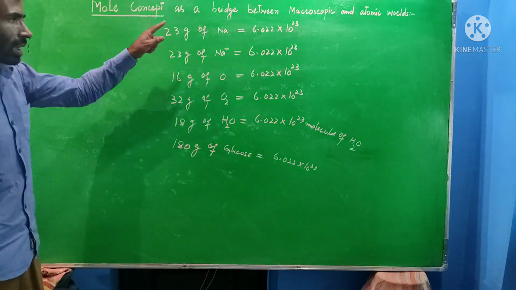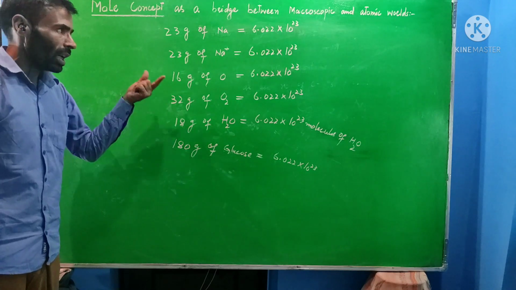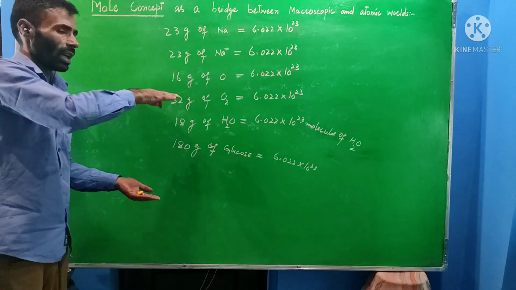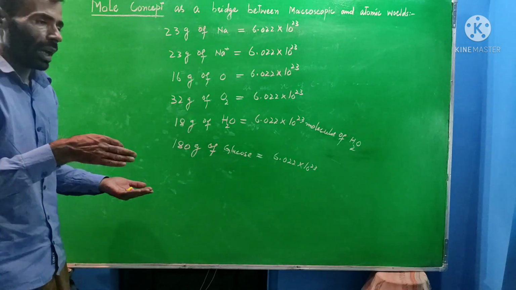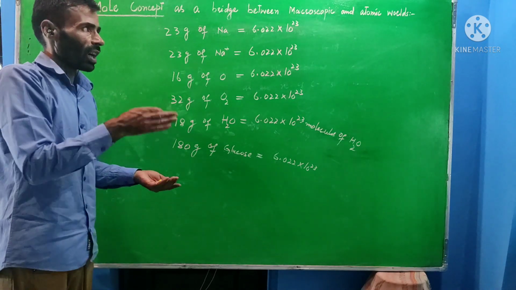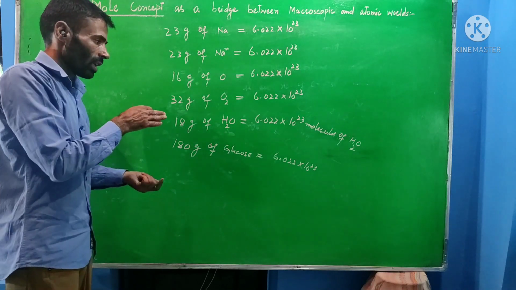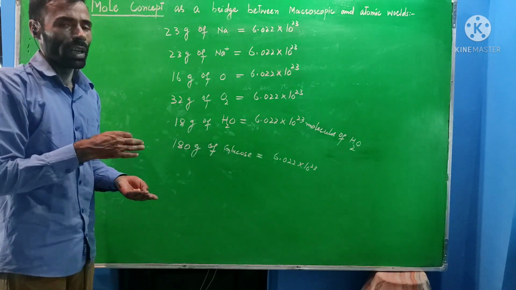So in general, they may be ions, they may be electrons, they may be molecules. All these ions, molecules or atoms, we call in general entities. So we have written entities in the definition.